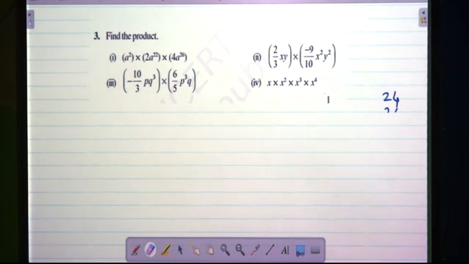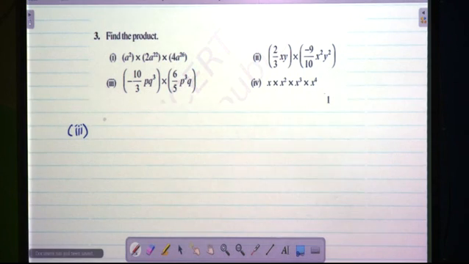The third sum is, in the first bracket, minus 10 upon 3 p q cube into 6 upon 5 p cube q. Okay, let us solve it. Minus 10 upon 3.